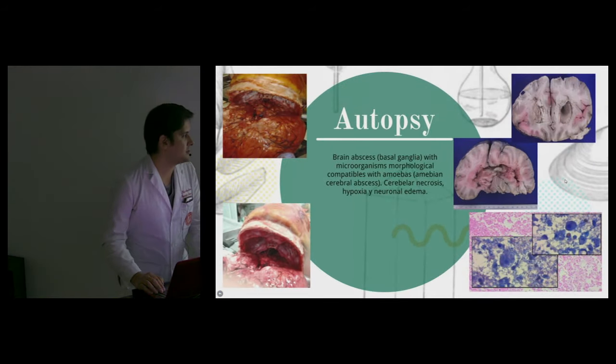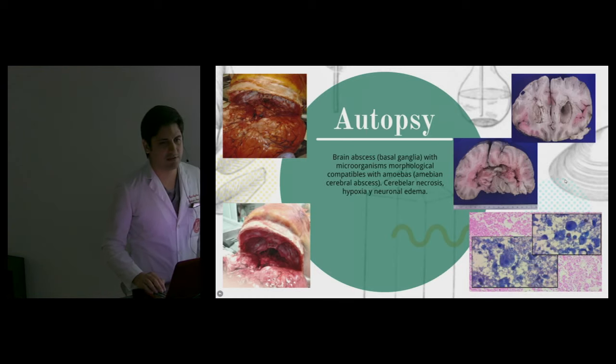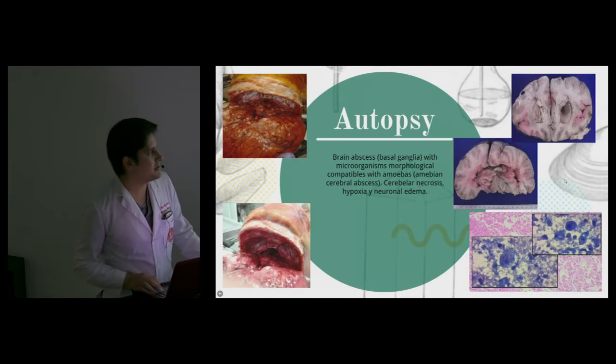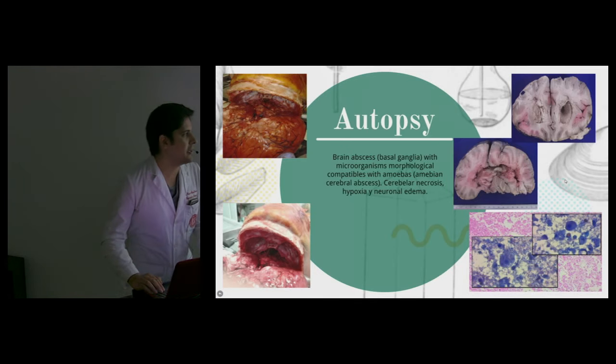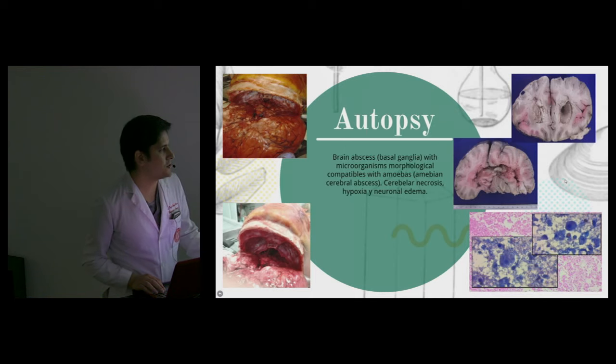Coming back to the patient, unfortunately the patient died, and an autopsy was requested that reported brain abscess on the basal ganglia with microorganisms morphologically compatible with amoebas. He also showed cerebellar necrosis, hypoxia, and neural edema.